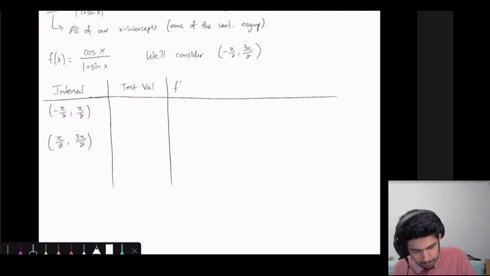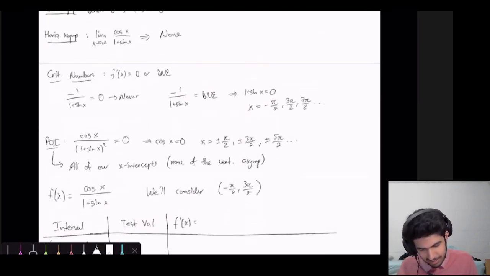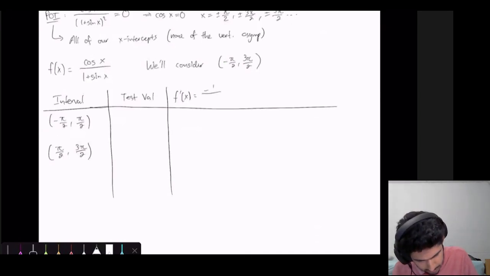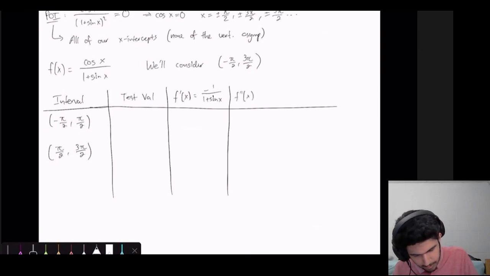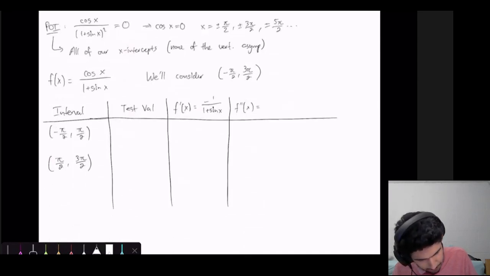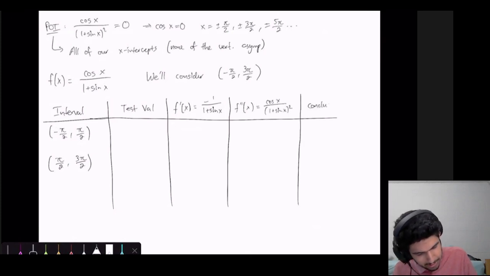We'll compute f prime of x, which is equal to, gotta scroll back, negative 1 over 1 plus sine x. We'll compute f double prime of x. That is equal to cosine x over (1 plus sine x) quantity squared, and then finally we'll make our conclusions.